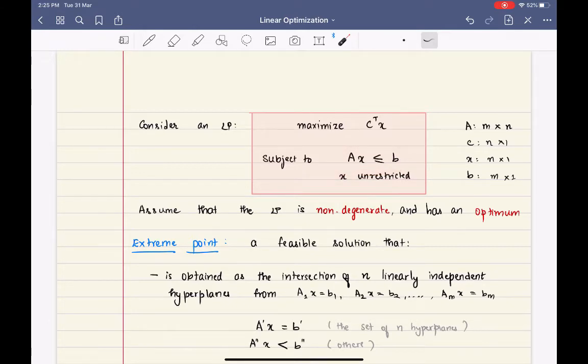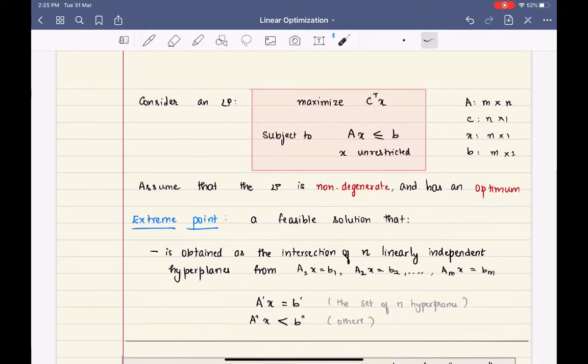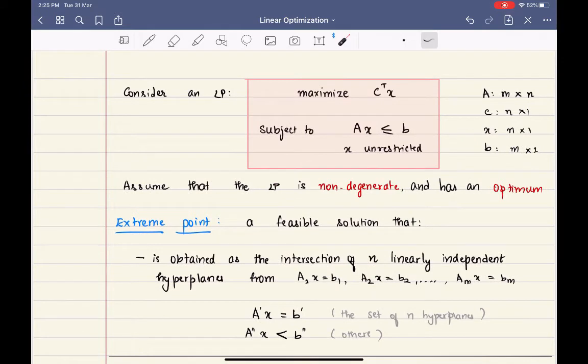Now let me recall this notion of an extreme point. An extreme point is a feasible solution of this LP that is obtained as an intersection of n linearly independent hyperplanes from the set of hyperplanes a1x equal to b1, a2x equal to b2, up to amx equal to bm. We can write it succinctly like this.